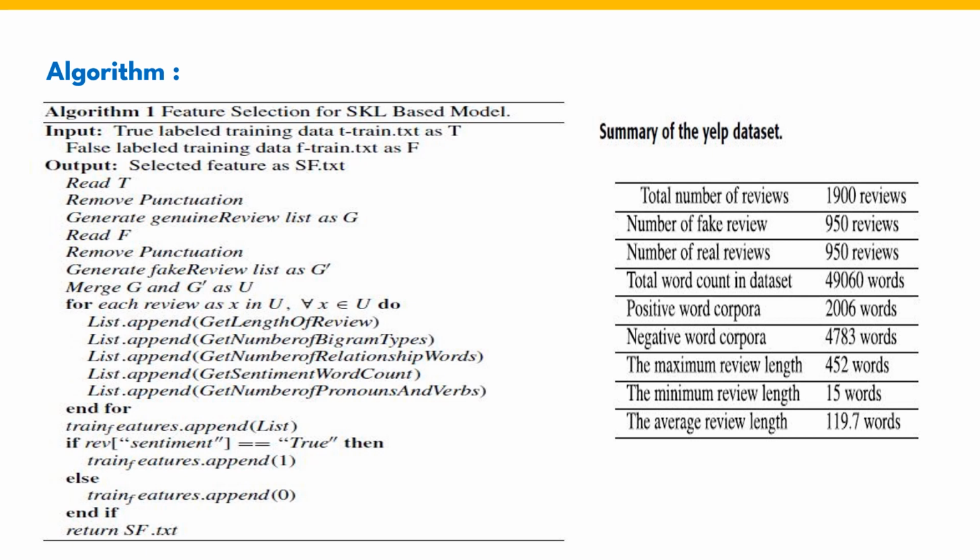The maximum length of the reviews is 452 words. The minimum is 15, so the average will come to about 19.7. So these are some examples of how an online shopping dataset has been performed.